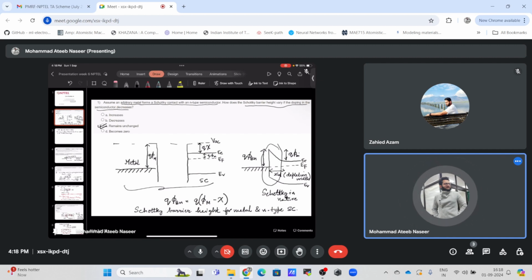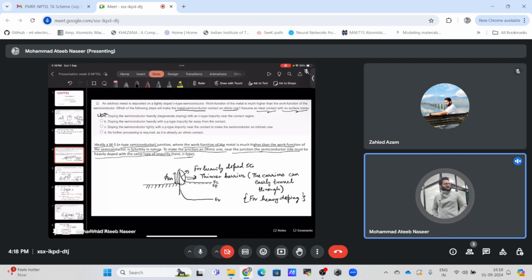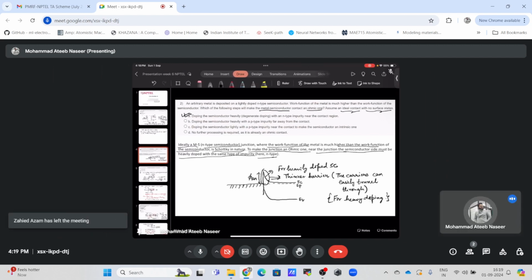So we said that it will remain unchanged, and then we moved to another problem. We wanted to make the Schottky contact an ohmic contact, and for that we said we will dope the semiconductor side at the interface very heavily, and as a result of heavy doping we will get a thin Schottky barrier, and the carriers can tunnel through from the metal to the semiconductor side.